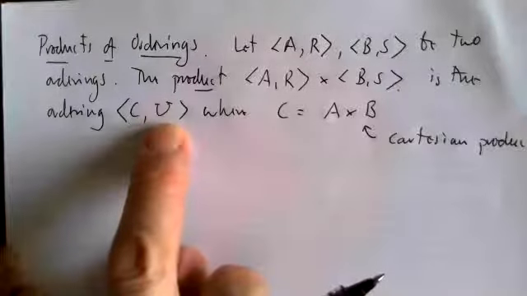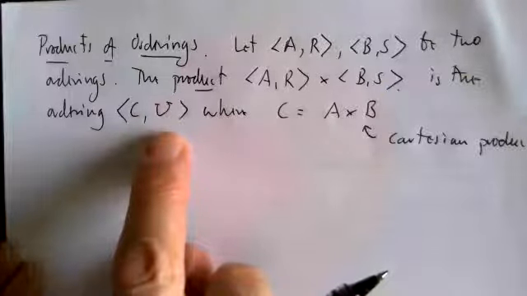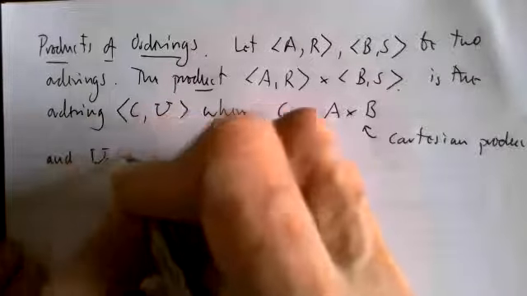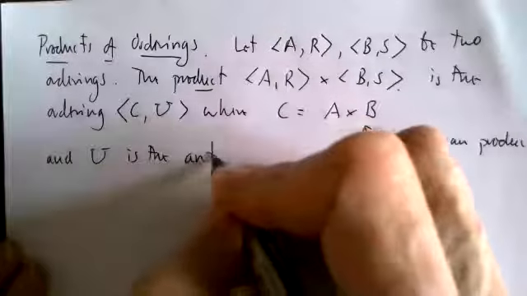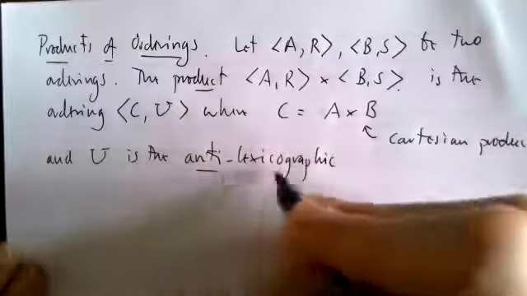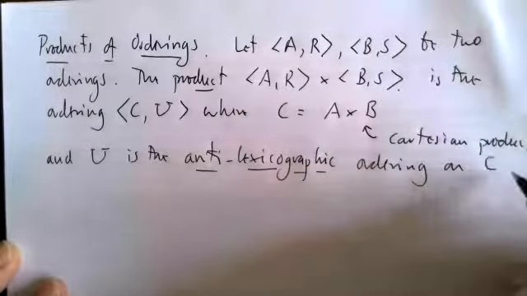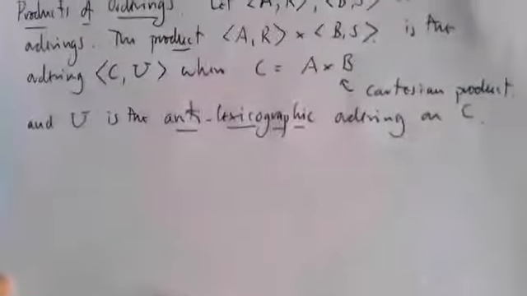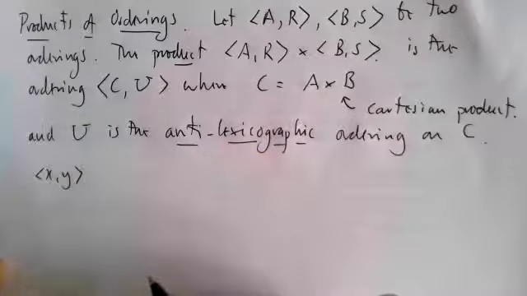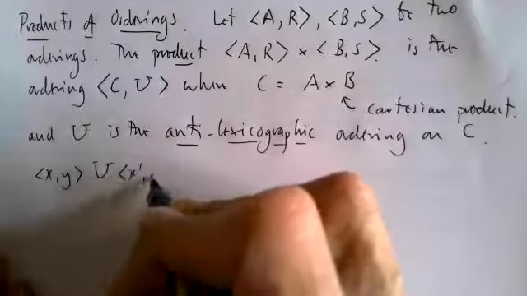And U is, all the jargon might be, this is the reverse dictionary ordering, or the anti-lexicographic ordering, lexicographic ordering on this Cartesian product. So to specify how that works, we're going to say that x, y comes before x prime, y prime.